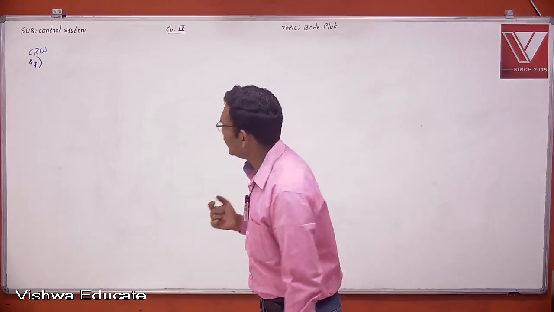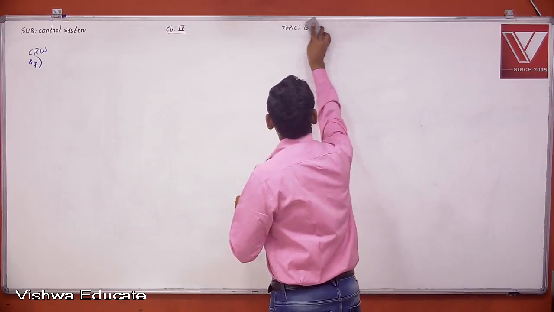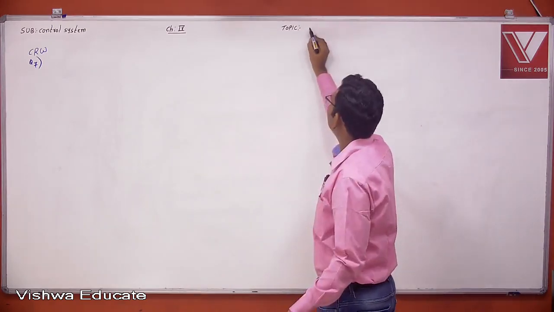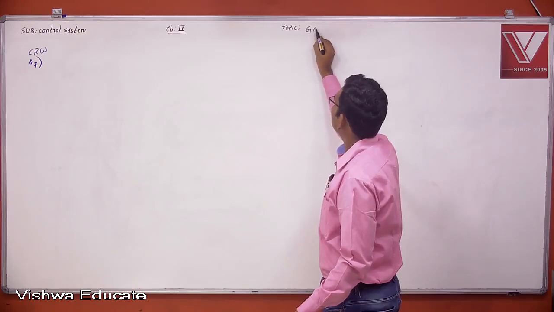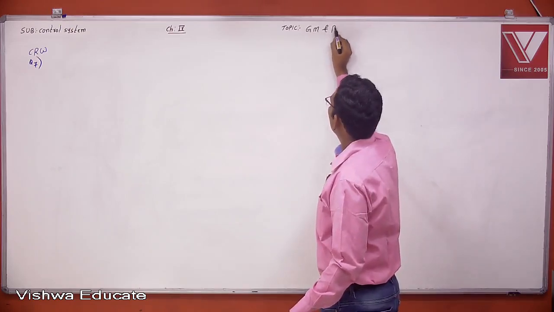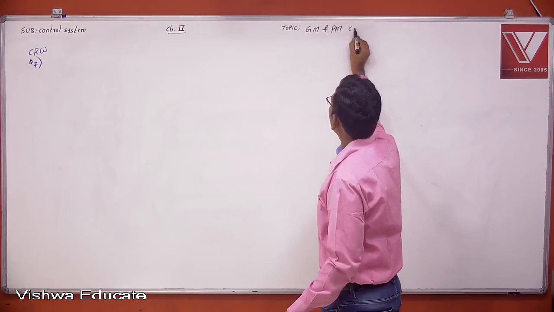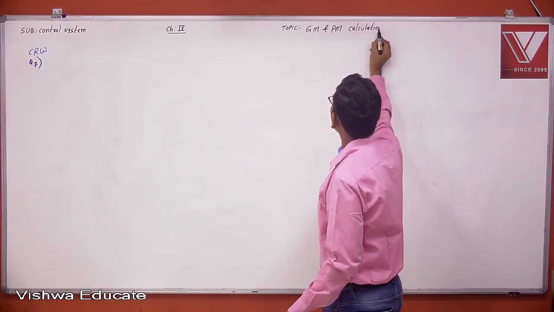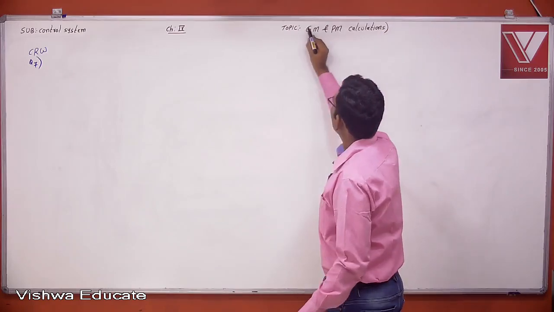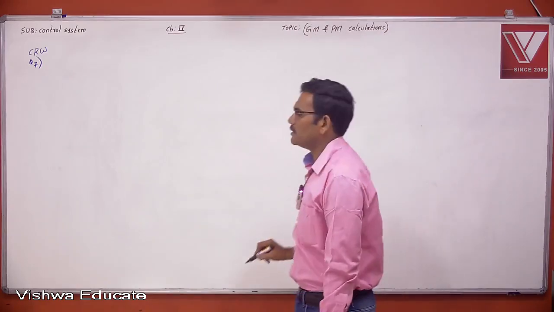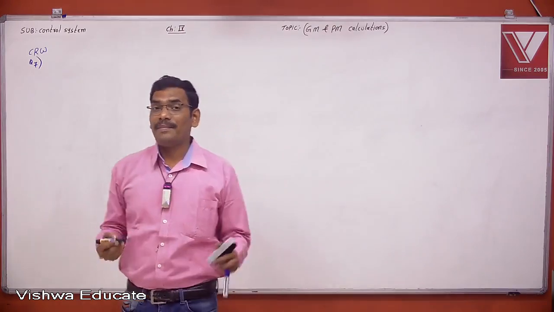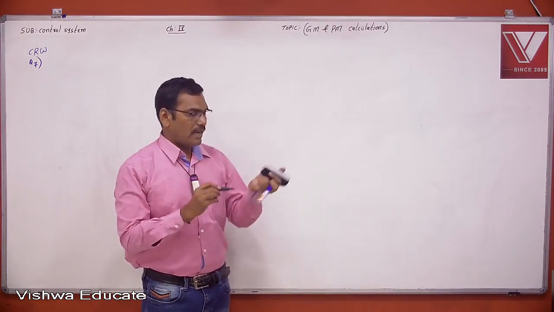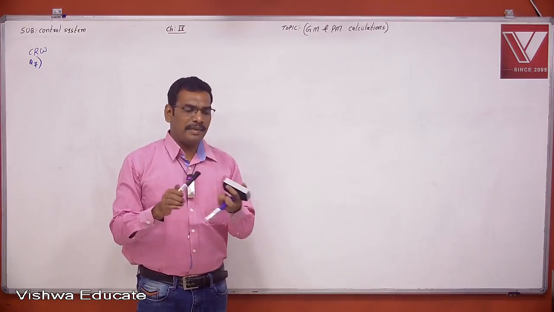But now he is saying that here there are two parameters called gain margin and phase margin. Gain margin and phase margin calculations. These two parameters are used for finding the stability, and they act as a mediator.